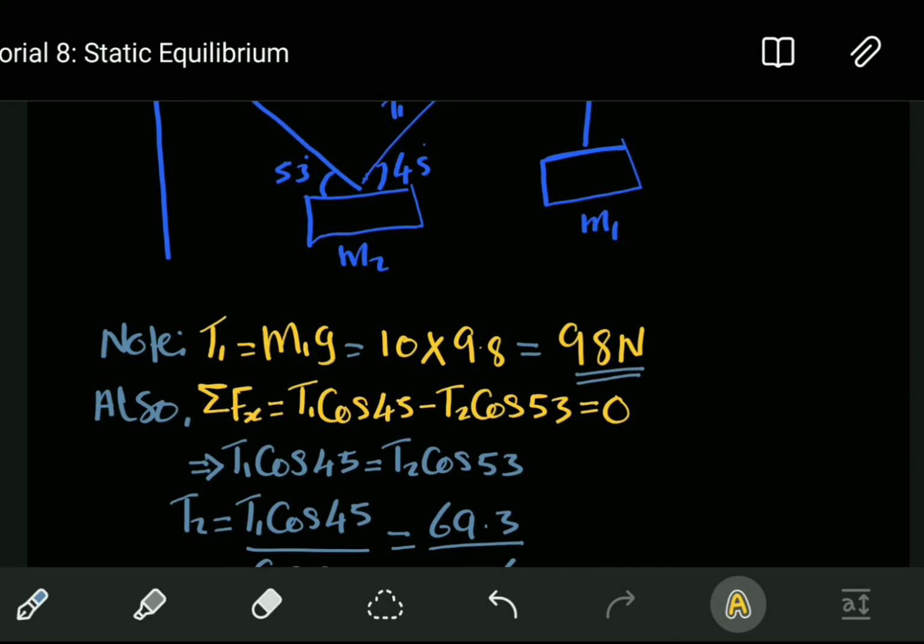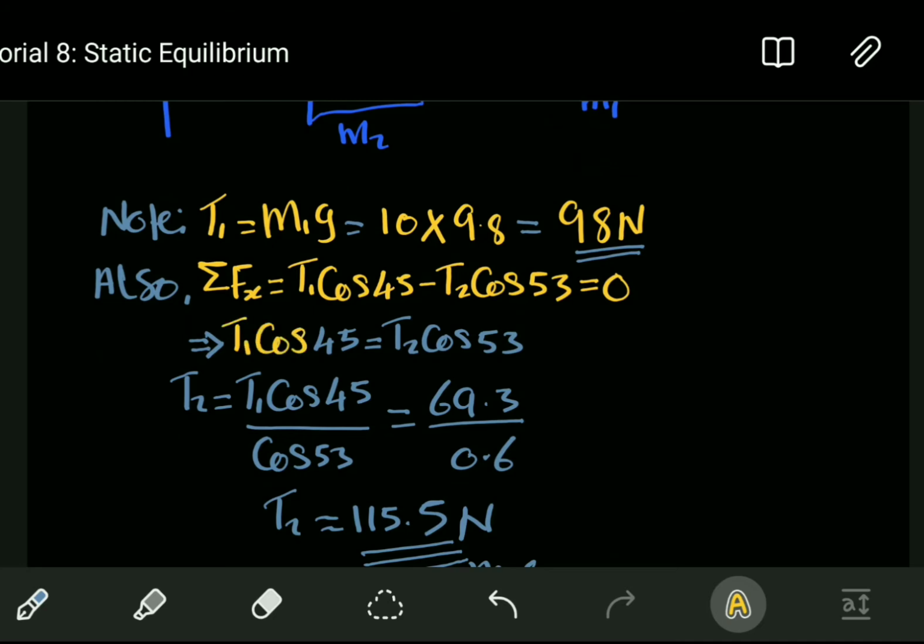This further gives us T1 cos 45 being equal to T2 cos 53, from which we can find an expression for T2. Since we already found T1 as 98 newtons, we can also solve for T2.